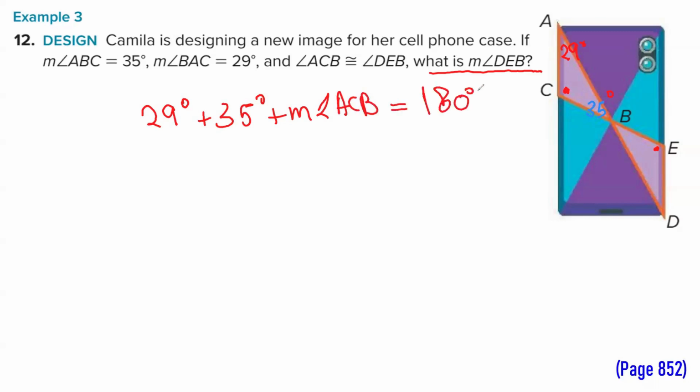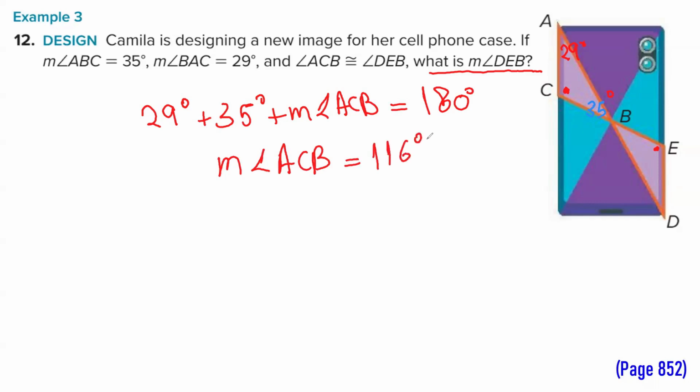So all I need to do here is add 29 and 35, and subtract the sum from 180. So 180 minus 29 plus 35. The answer is going to be 116. So the measure of the angle ACB is going to be 116 degrees.